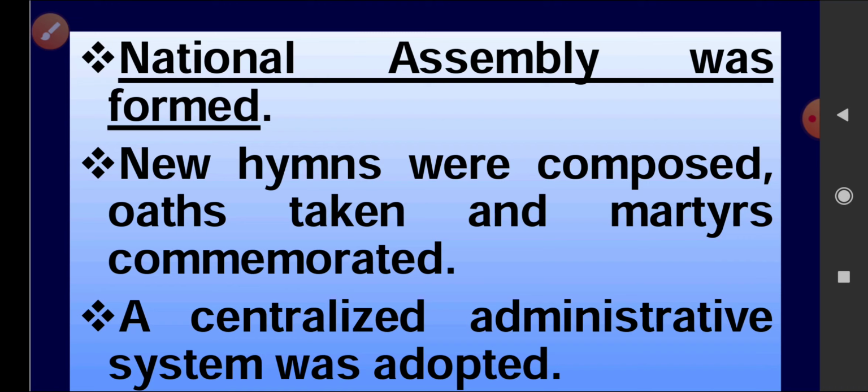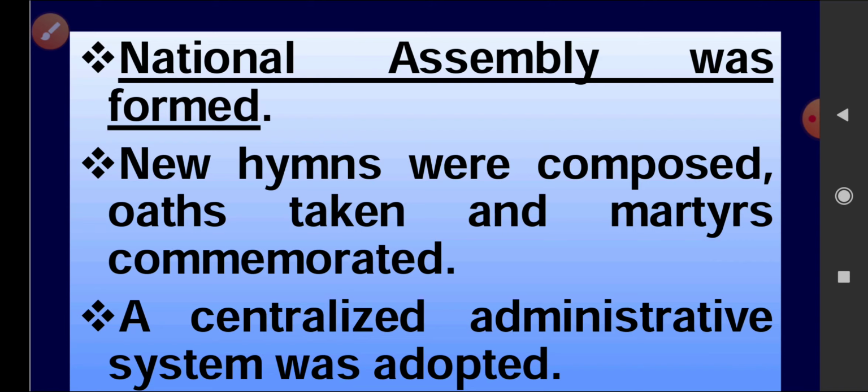By this, new hymns were composed for the nation. Oaths were taken and martyrs were commemorated in the name of the nation. A centralized administrative system was adopted.